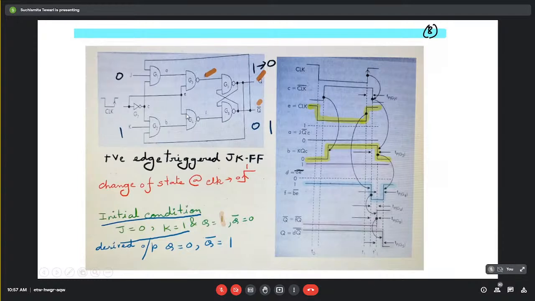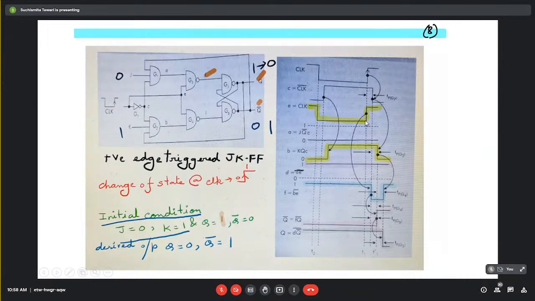If one of the inputs remains 0, either this is 1 0 or this is 0 1, F will be maintained at high state. That is exactly what is happening here. If we go on until this stage, either E or B, one of them is maintaining a 0 value. So up to this point, F will be maintained as 1.